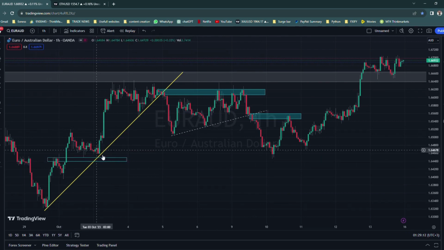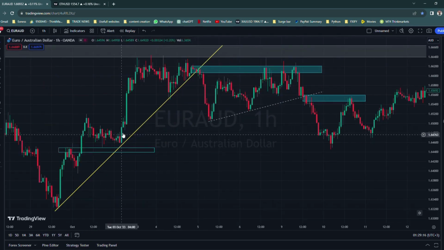We can see a break and retest around here, and this was your cue to enter the market. You can see a break of this upward trend and a retest of the exit zone, and this was your cue to enter. All this happens just within days.